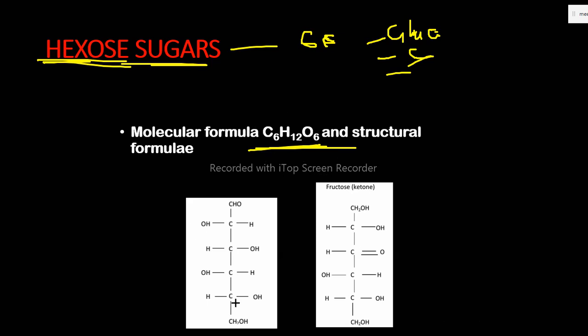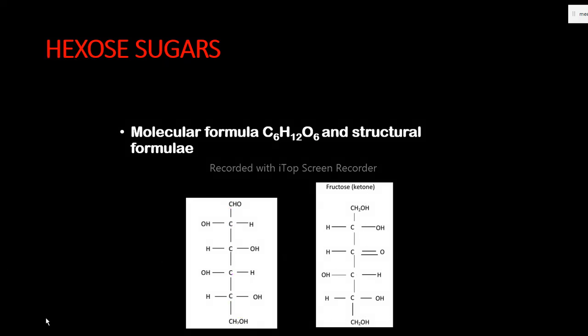For instance, when you look at this, let me get a different pen, because we already have red here, so I can't use red again. You can see they all have 6 carbon atoms: 1, 2, 3, 4, 5, and 6.